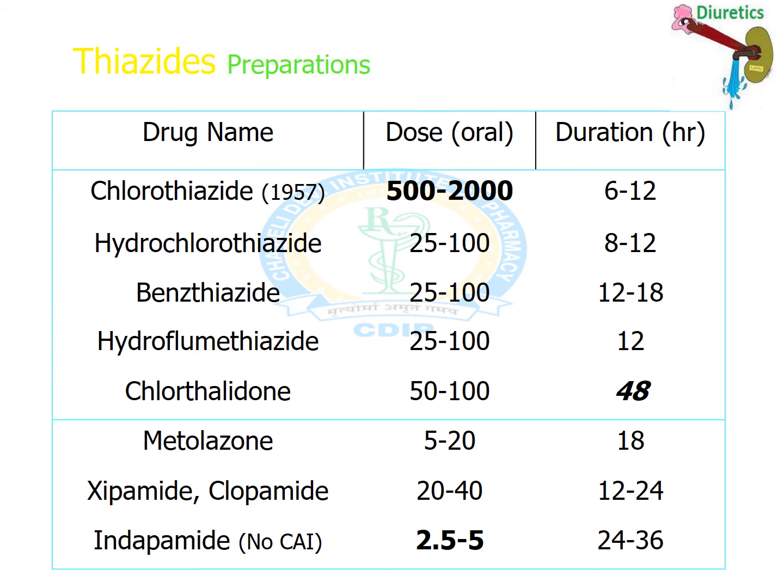Here we can see that chlorthalidone has the maximum duration of action of 48 hours. So a once daily dose is sufficient, 50 to 100 mg orally. Also indapamide requires very little dosing because it has a longer duration of action, around 3 days.